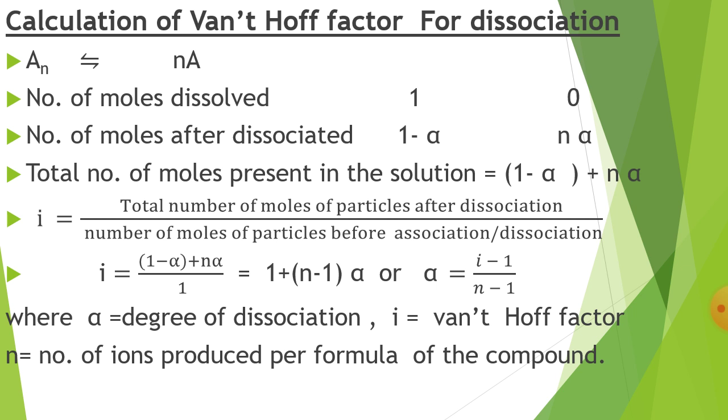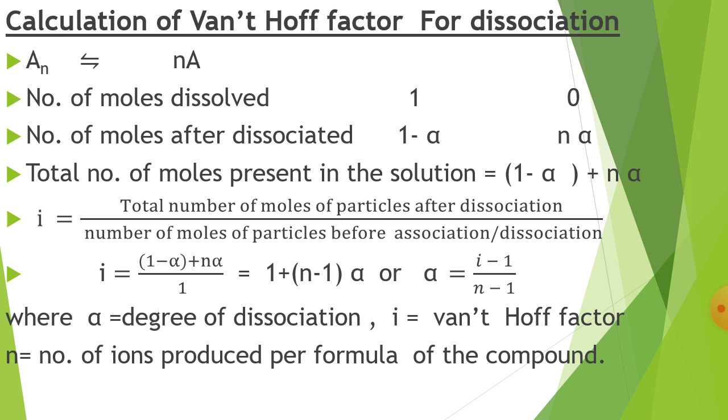So we get i equals 1 plus (n minus 1) alpha, or alpha equals (i minus 1) divided by (n minus 1), where alpha is the degree of dissociation, given in the form of percentage. It may also be written as X. Here i is the Van 't Hoff factor, and n is the number of ions produced per formula unit of the compound.